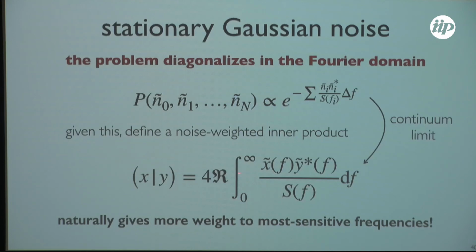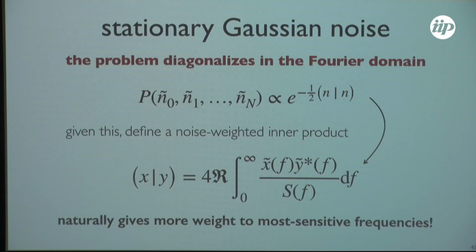Effectively, you're assigning more weight to areas of the frequency space in which S is lower, which means you have better sensitivity, whereas you are downweighting areas in frequency that have very high PSD. So this defines a norm. It's a normed inner product. I'm going to start with this tomorrow because I'm out of time.